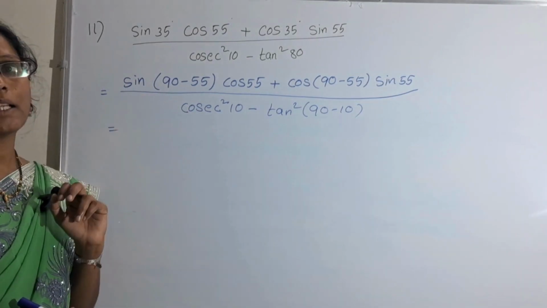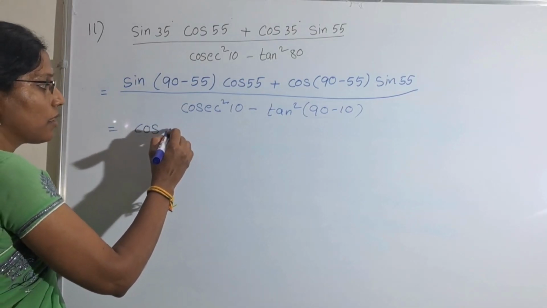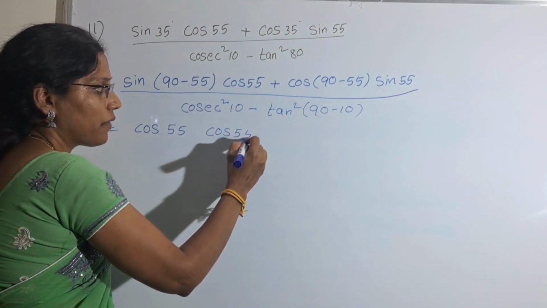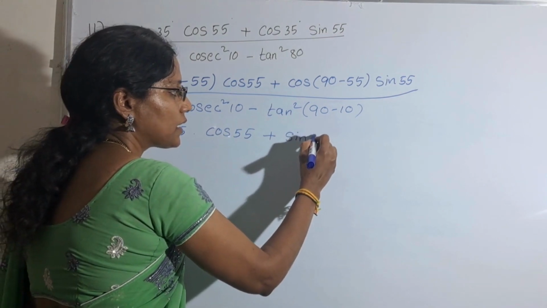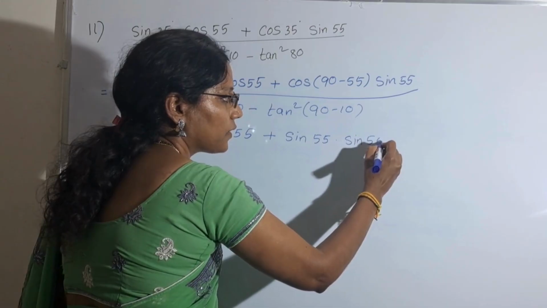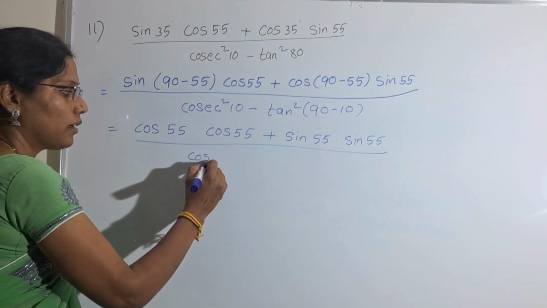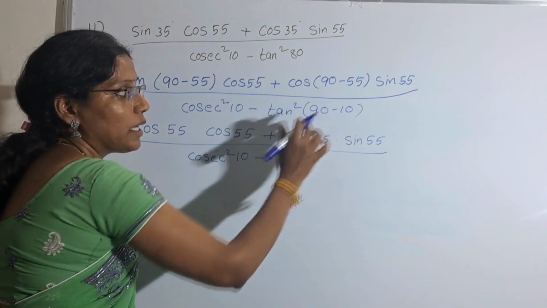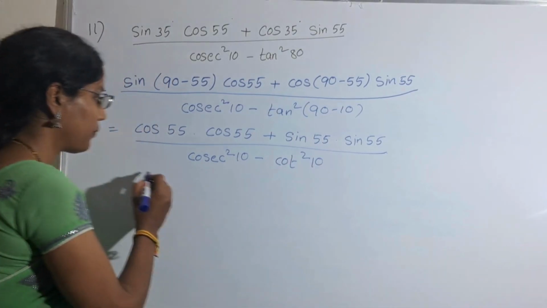Sin 90 minus 55 is cos 55 into cos 55 plus cos 90 minus 55 is sin 55 into sin 55 by cosecant square 10 minus tan square 90 minus 10, which is cot square 10.